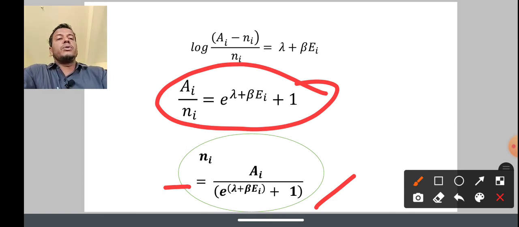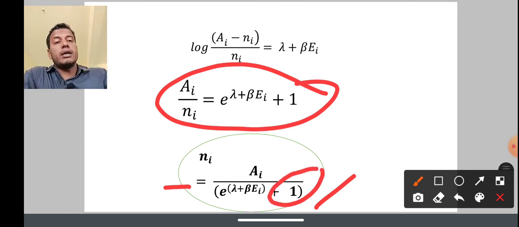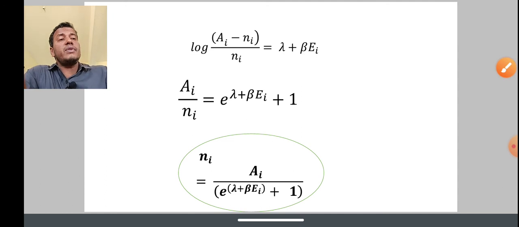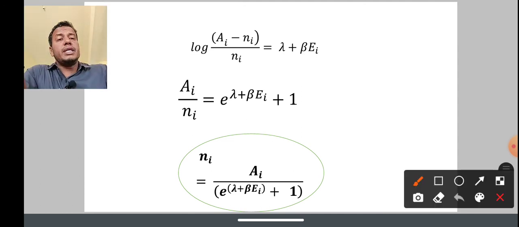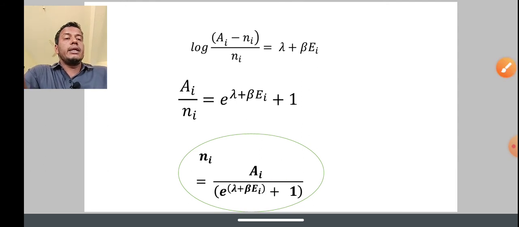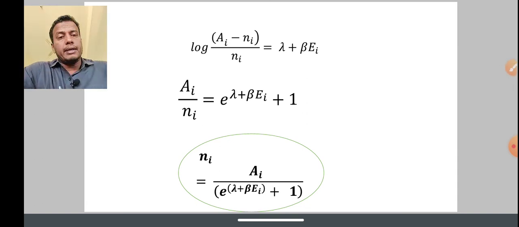As you saw in the previous BE statistics and MB statistics, in MB statistics the plus 1 is absent, whereas in BE statistics the plus sign changes to minus 1. But here in FD the plus 1 is seen. So, this is all about the FD distribution law.